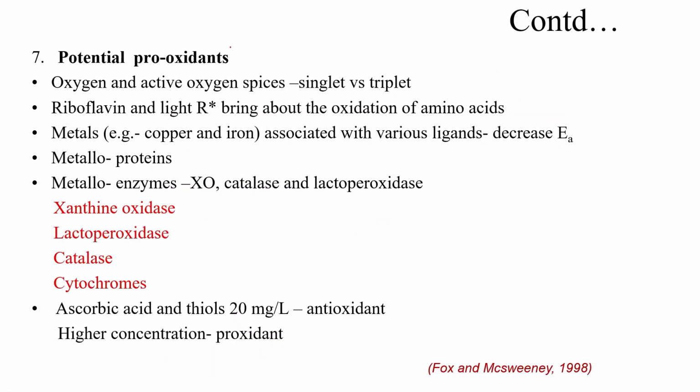Now coming to potential pro-oxidants. Pro-oxidants are the agents which bring about the auto-oxidation. Some of the pro-oxidants, the first is singlet oxygen and triplet oxygen. I have told you that singlet oxygen is generally involved in the initiation reaction, and triplet oxygen is only involved in the propagation step.